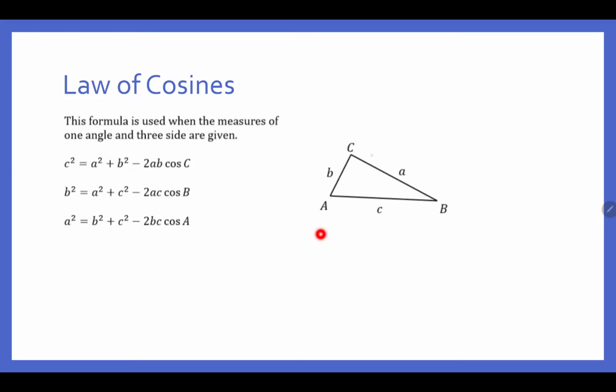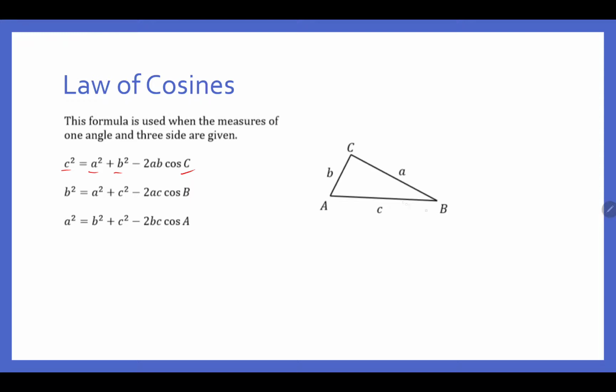Okay, one angle and 3 sides. Look here, these are the sides, and this is the angle. So there are 3 cosine formulas: C square equals A square plus B square minus 2AB cos C; B square equals A square plus C square minus 2AC cos B; or A square equals B square plus C square minus 2BC cos A. Same concept as the law of sine just now.